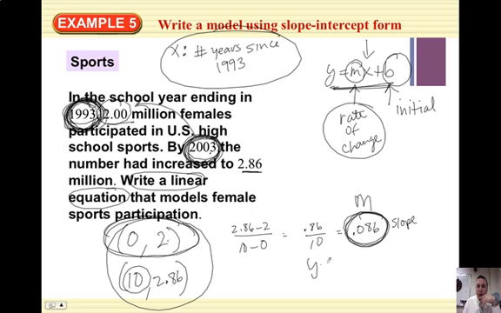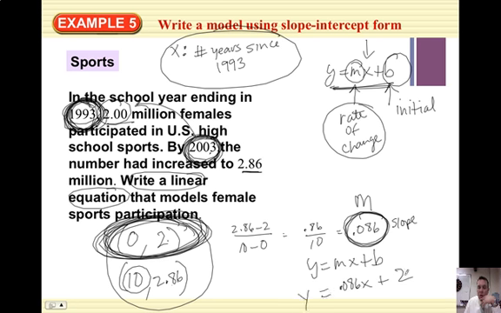So y equals mx plus b, m is 0.086, you could put in 10 for x, you could put 2.86 for y, and you're going to get the same b as I'm going to get. Plus b is 2, because that's the initial amount, 2 million females when you first started. Equals y. So this is actually your equation. Know how to write equations if I give you a word problem.